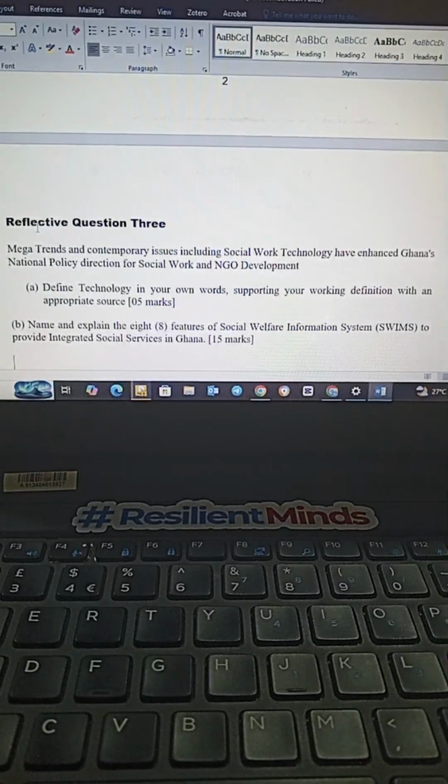And it's also a multi-agency access control. So one feature of the SWIMS is that it has a multi-agency access control. It provides a secure and role-based access for the metropolitan and municipal as well as the district assemblies.